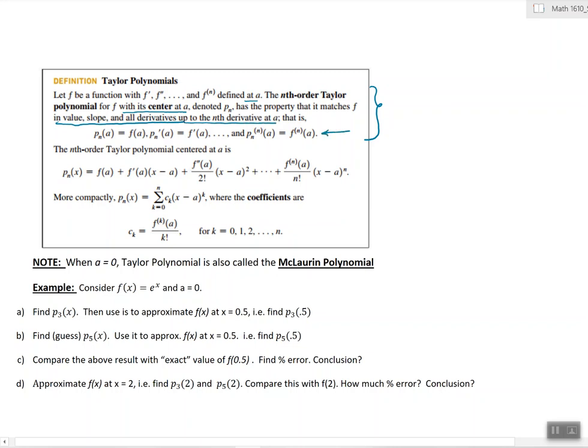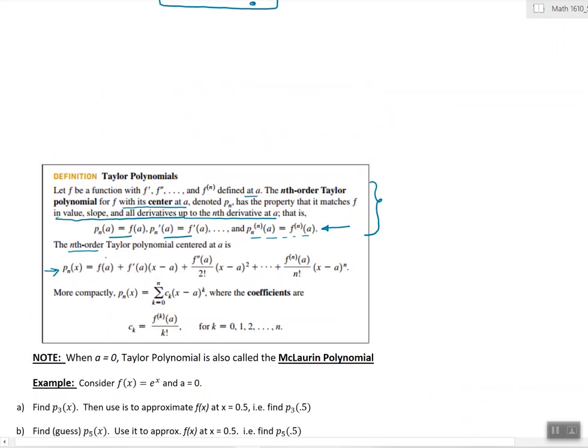So it's repeating what I explained earlier. The value is the same, slope is the same, and so on and so on. The nth order Taylor polynomial centered at a then turns out to be the following.